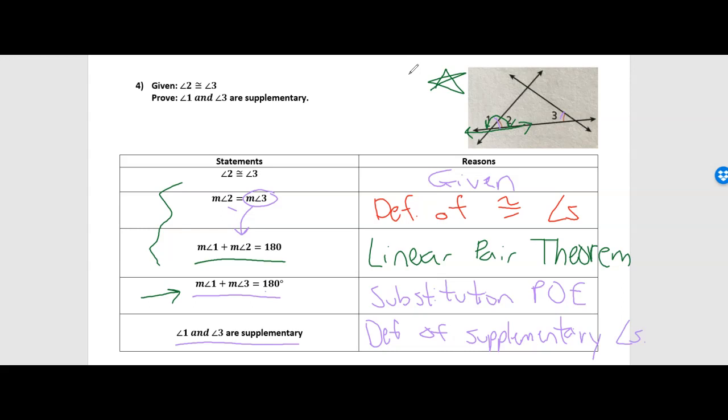Okay, this brings us to the end of the proofs for this lesson. We're going to continue to do more proofs not only throughout this unit, but throughout the rest of the course. And these properties that you're using, think of them like a toolbox. So we're slowly adding more and more tools to our toolbox so that we can complete more and more complicated proofs.